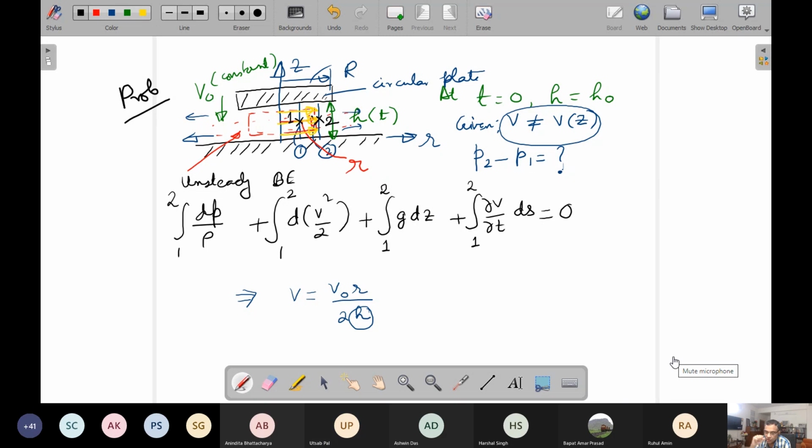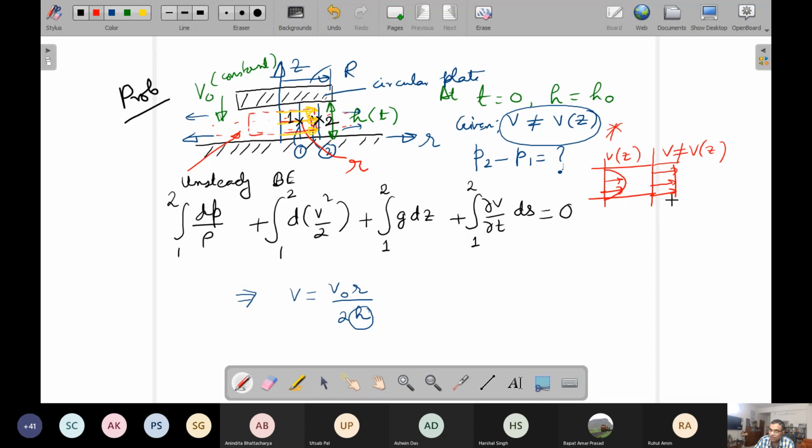So see, although it is not directly told what the viscosity is, or whether the viscous effect is important or not, inviscid, etc., the clue is given by this: v is not a function of z. So what does it mean? I will show you two examples. This is an example where v is a function of z. And this is an example where v is not a function of z.